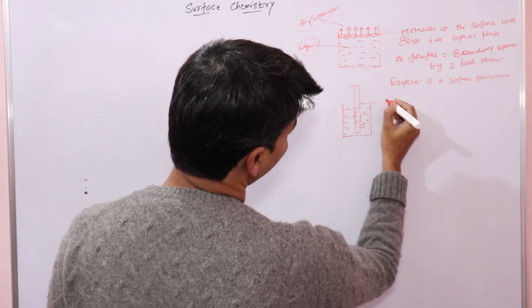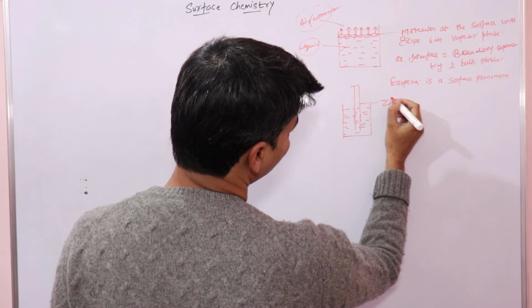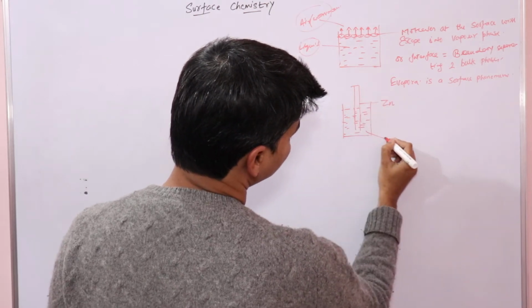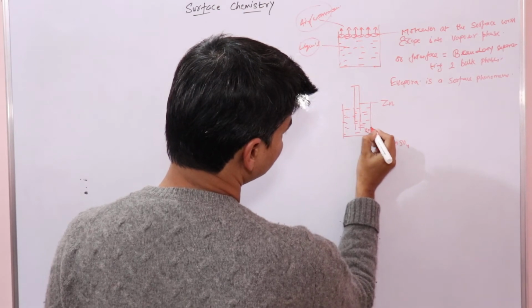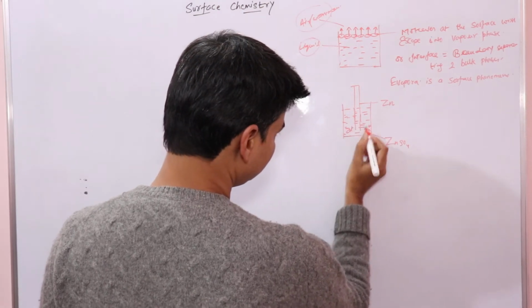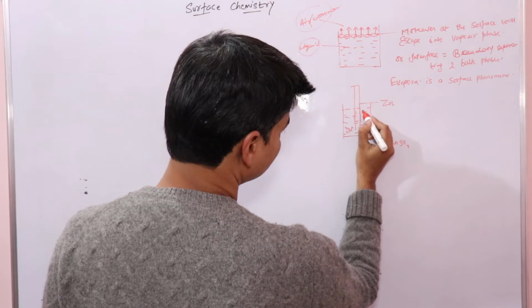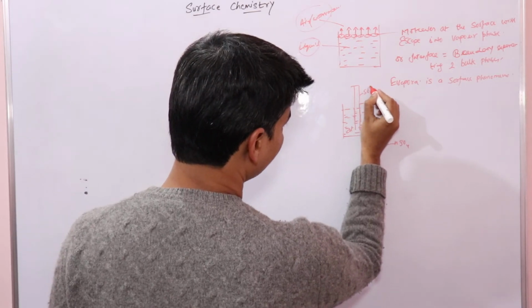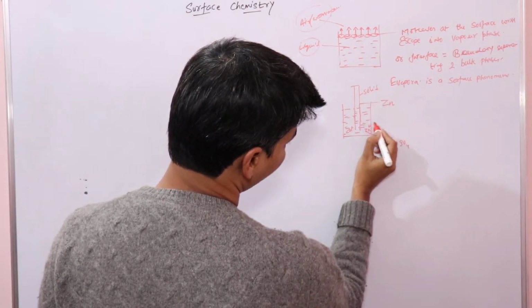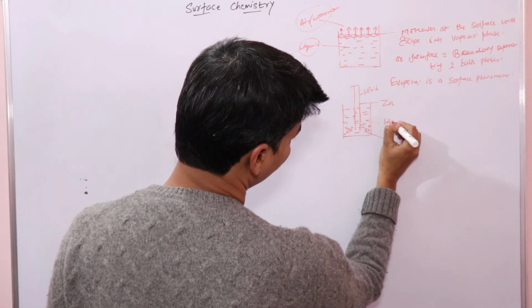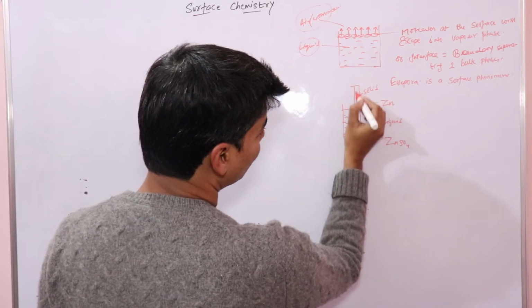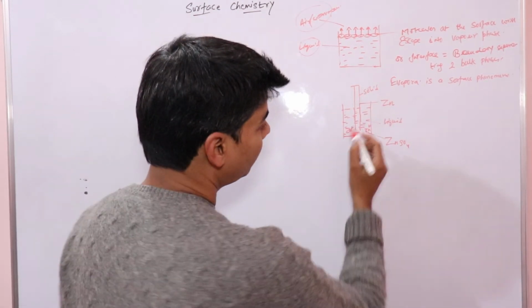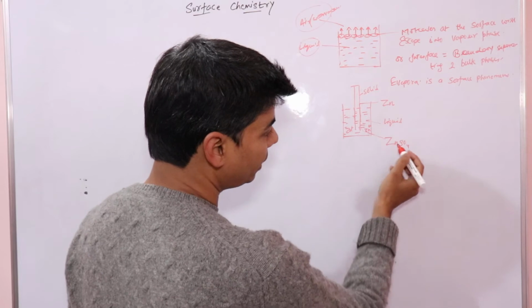This is a zinc rod, and this is the zinc sulfate electrolyte, which has zinc ions. So this zinc rod is a solid, and this zinc sulfate solution is a liquid. So the two bulk phases are the solid zinc rod and the liquid electrolyte, zinc sulfate.